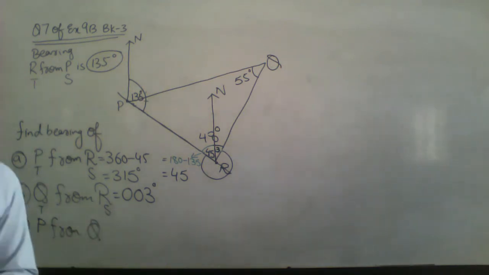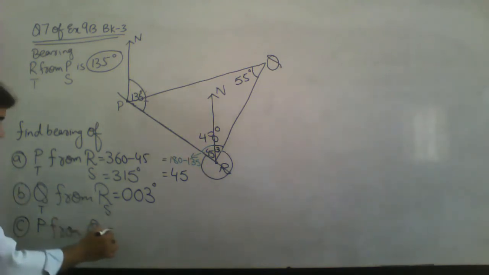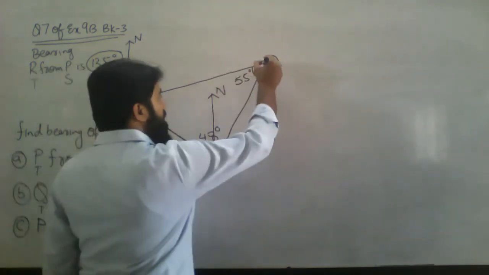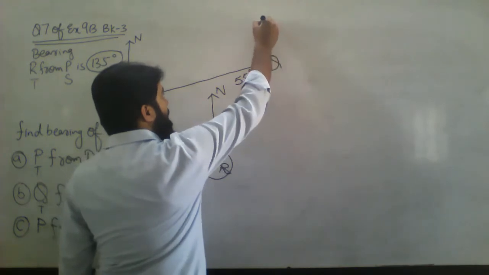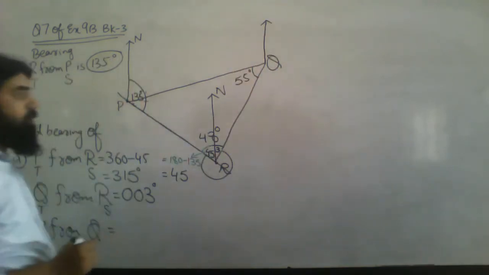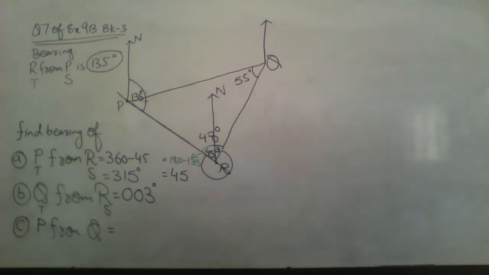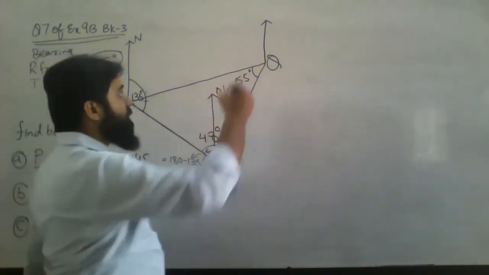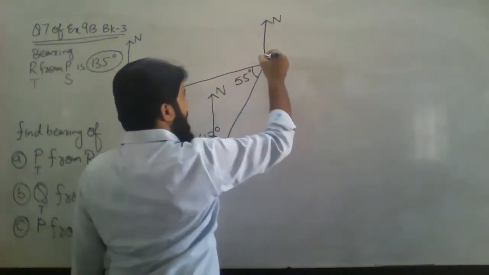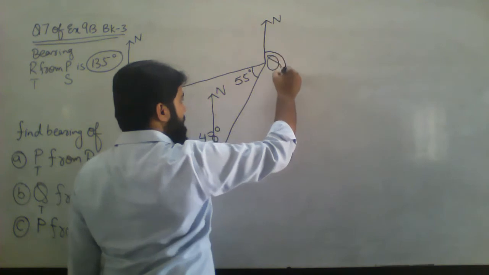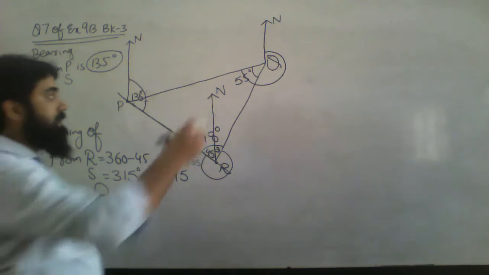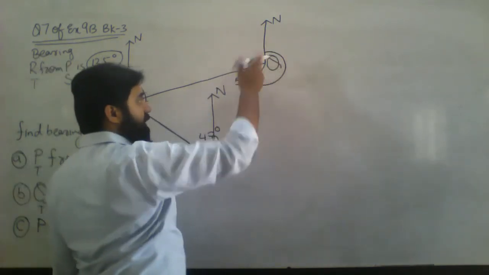Okay, bearing of P from Q. So bearing of P from Q means on Q over here I am going to have a north line, and now I have to find this whole thing, starting from here till this point.